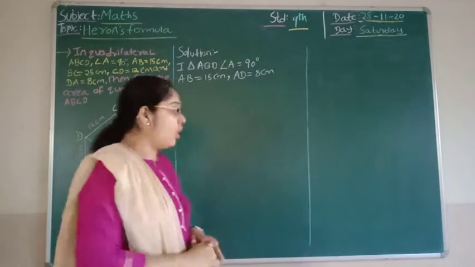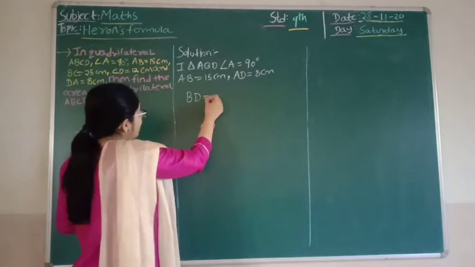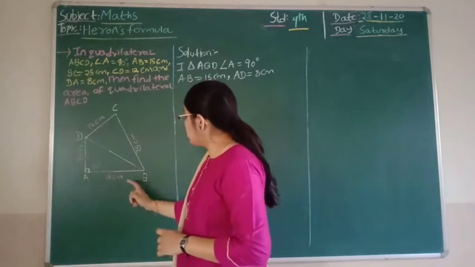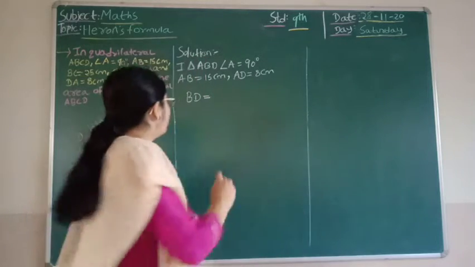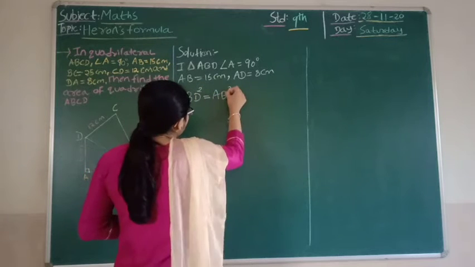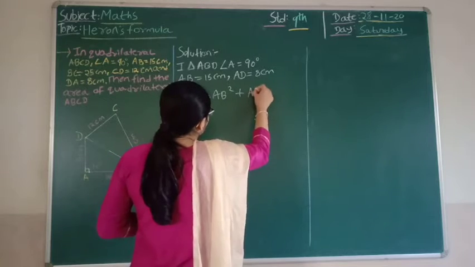Accordingly I can write BD square equals AB square plus AD square.